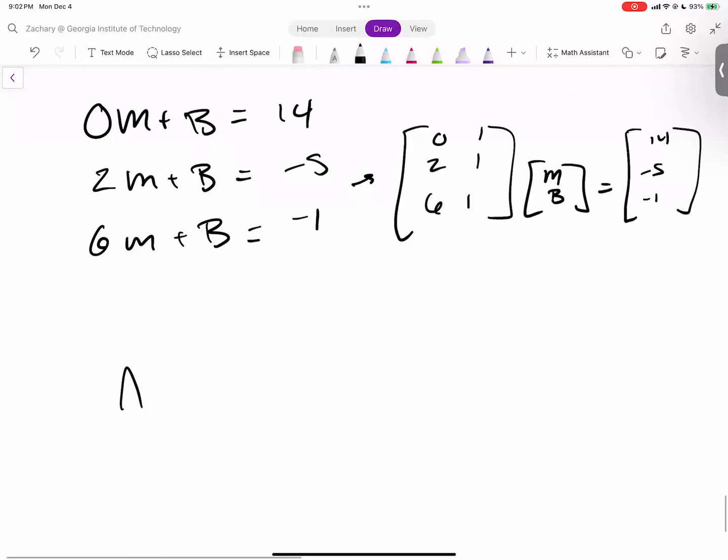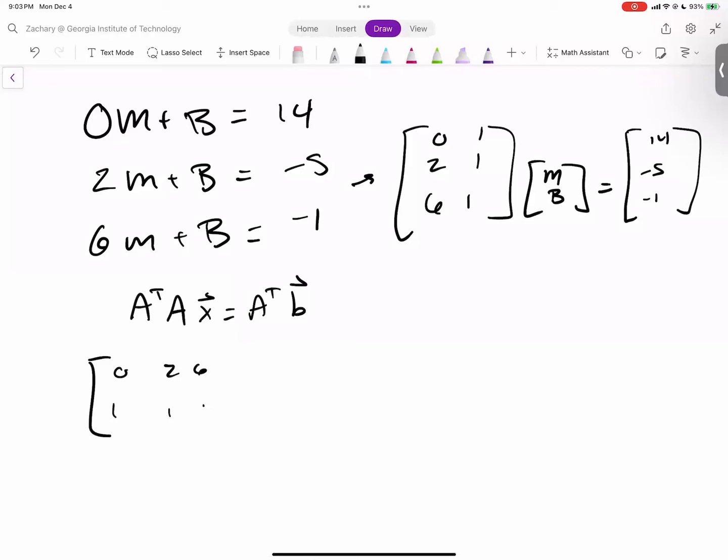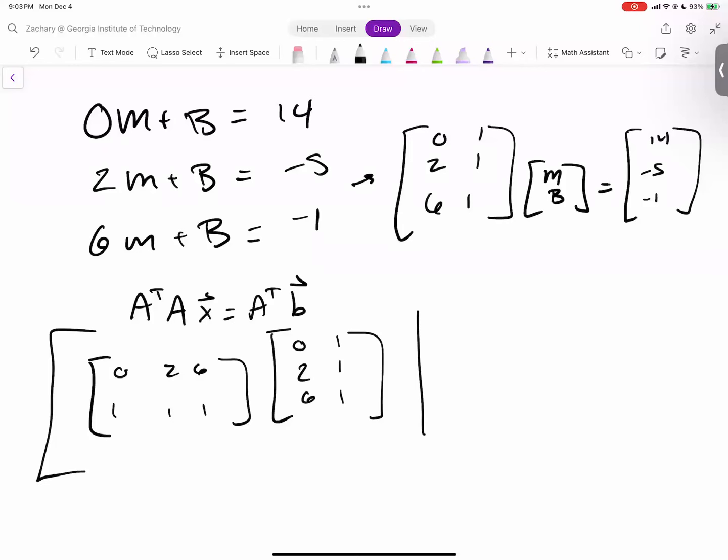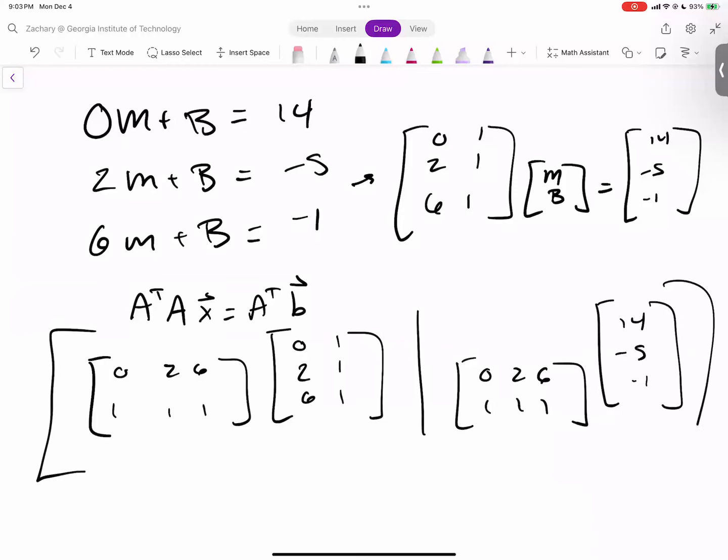Always the exact same process: we solve A transpose A. So it's the transpose of A, 0, 2, 6, 1, 1, 1, multiplied by A, augmented with the transpose of A times 14, -5, -1.